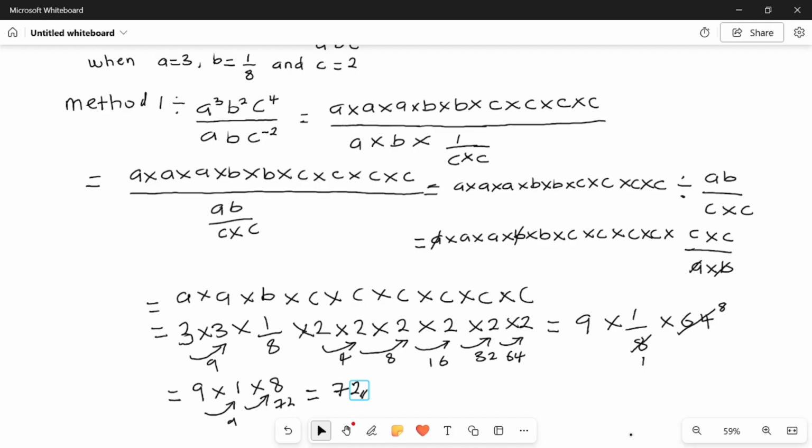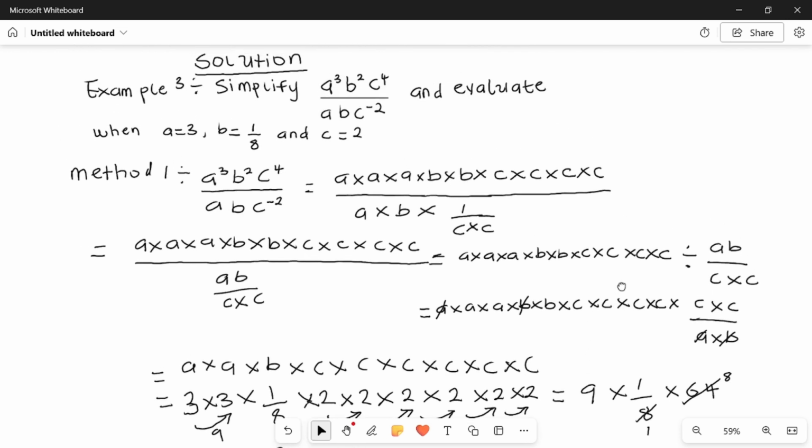So this method is simple but is long. So I'll show you another method that you can use to solve this same problem. So stay with me.